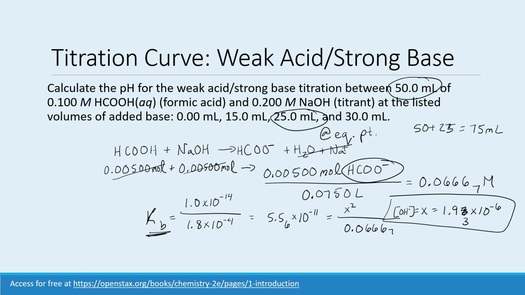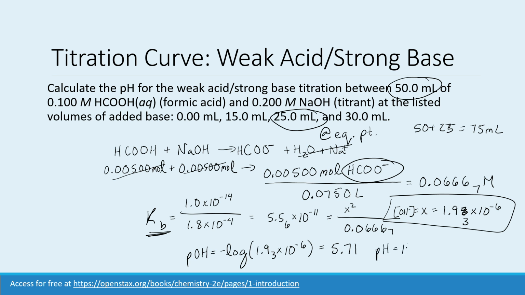Once we have that hydroxide ion concentration, we can calculate the pOH, right? So the pOH will be equal to the negative log of that hydroxide ion concentration. Out to 2 decimal places that will give us 5.71.